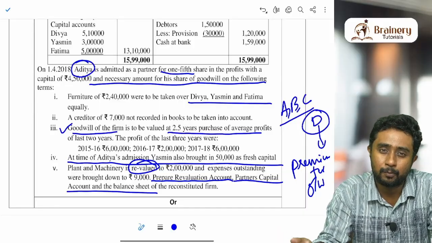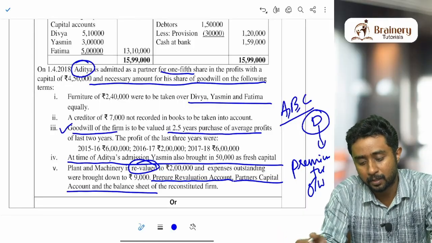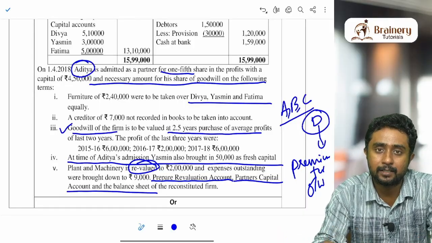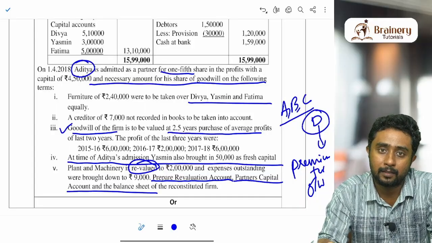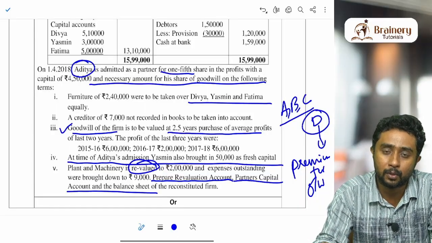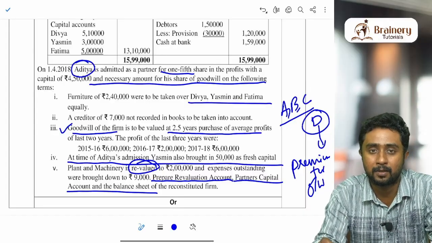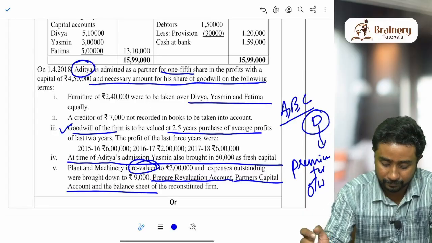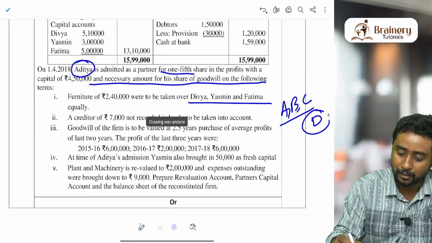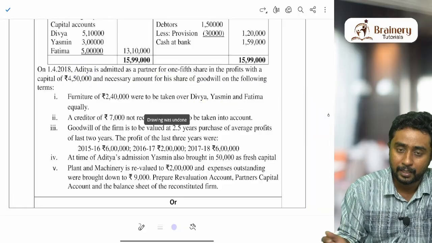Similarly, liabilities may go up or down. To record these changes, we are not recording the new value or the old value. We are only recording by how much it has increased or decreased in revaluation account. That is the purpose of revaluation account.